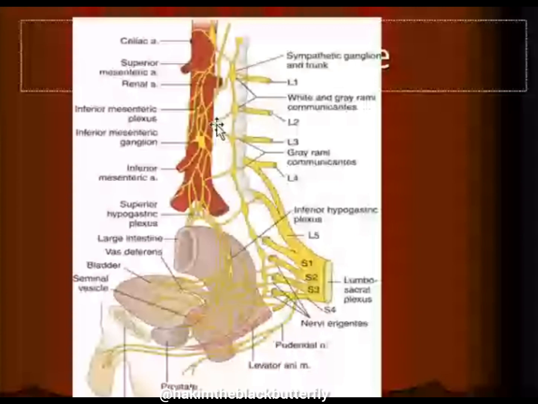They come down along the aorta and form a network there at the bifurcation of the aorta. Here we are seeing the aorta bifurcating into right common iliac and left common iliac. So that is where these splanchnic nerves form a network known as the superior hypogastric plexus, which will supply the superior aspect of the rectum.